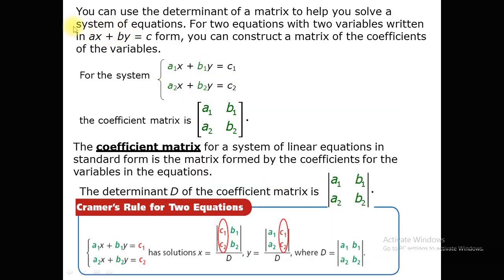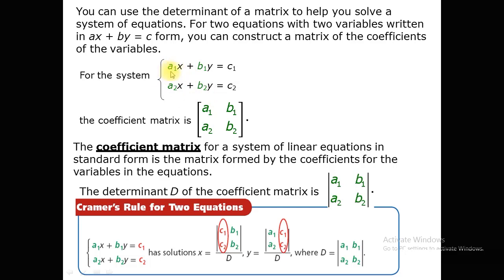Now, dear students, you can use the determinant of a matrix to help you solve a system of linear equations. For two equations with two variables written in the form ax plus by is equal to c, you can construct a matrix of the coefficients of the variables. First of all, construct the matrix of the coefficients from the system.